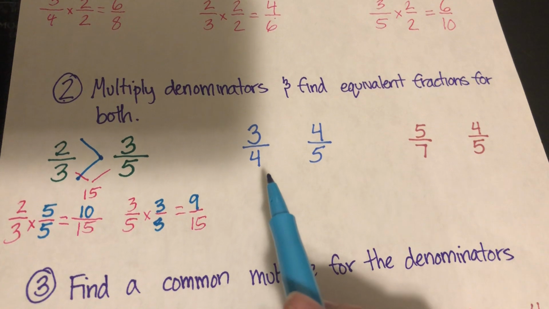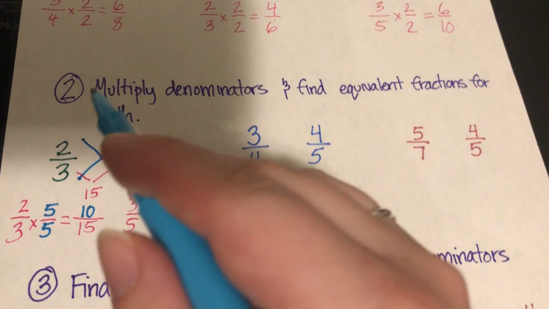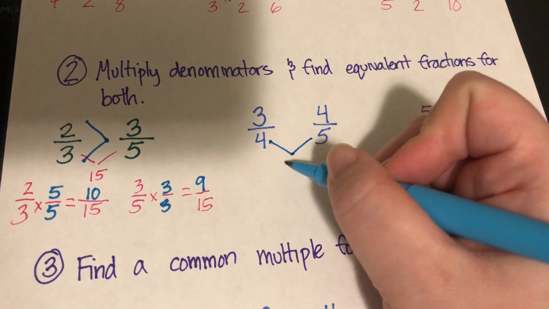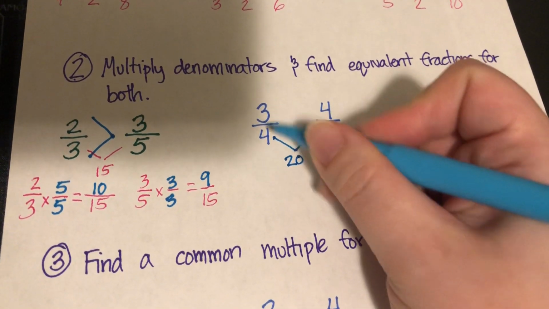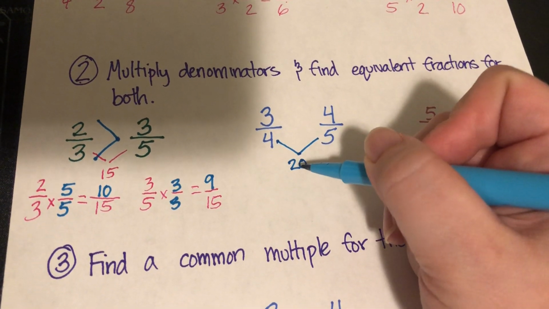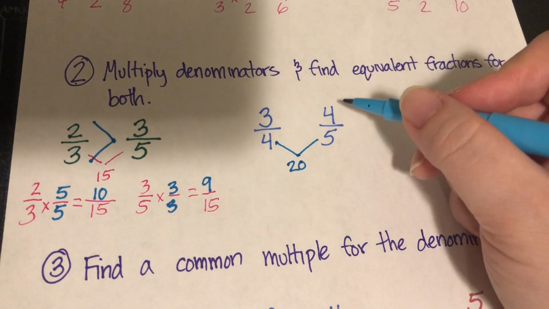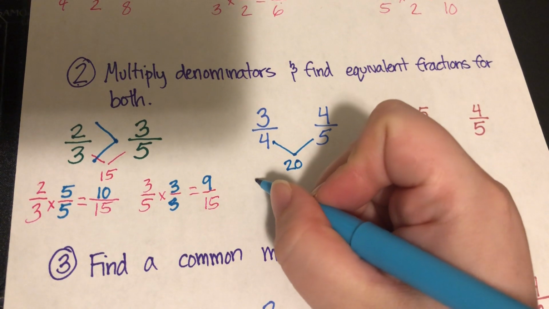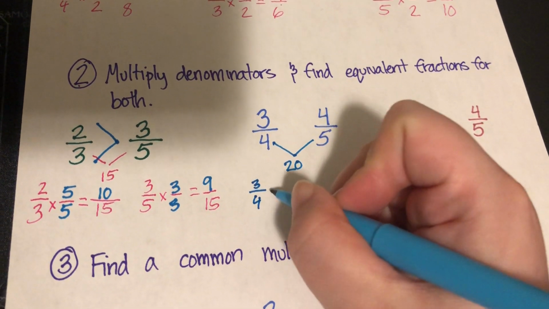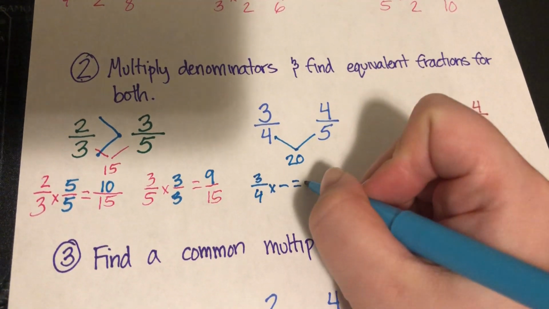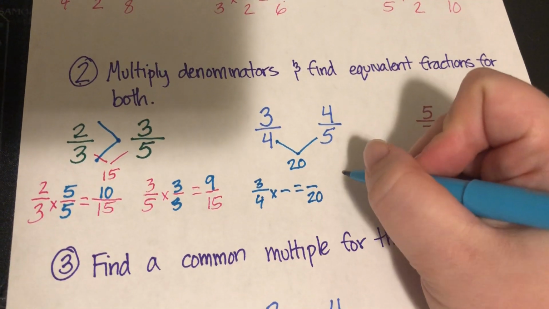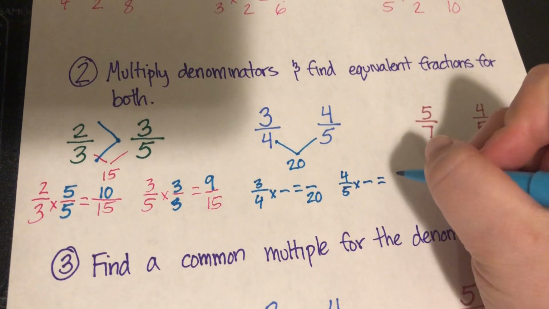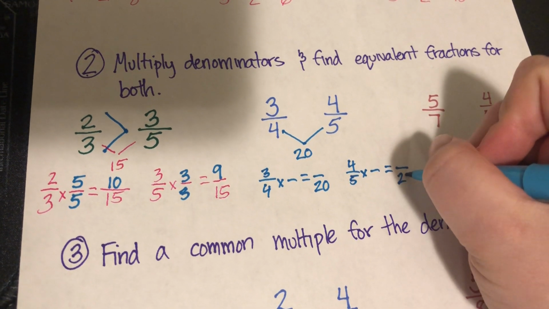So we have 3/4 and 4/5. We're going to multiply the denominators. So 20. We're going to make 3/4 into a fraction with a 20 on the bottom, and we're going to do the same thing to 4/5, okay? So 3/4 times something to give us a fraction with a 20 on the bottom, and 4/5 times a fraction to give us another fraction with a 20 on the bottom.